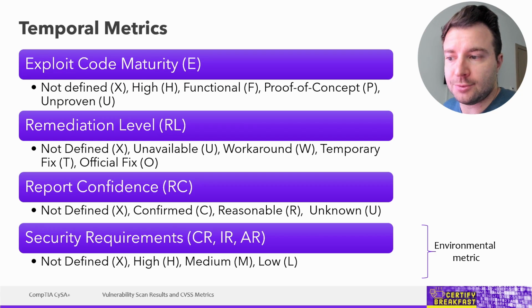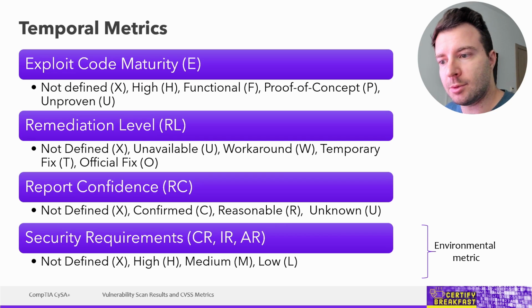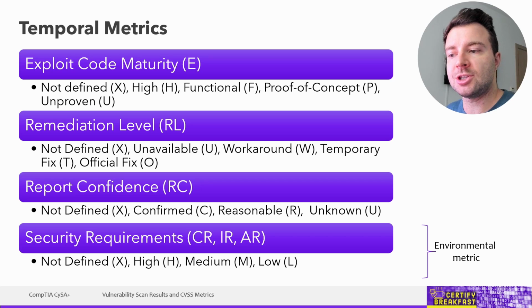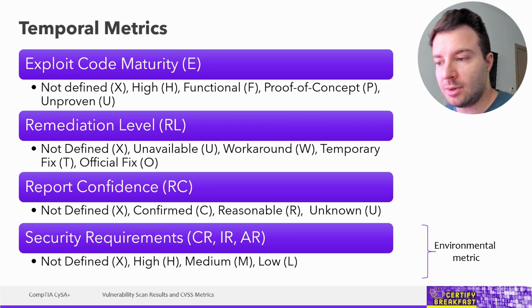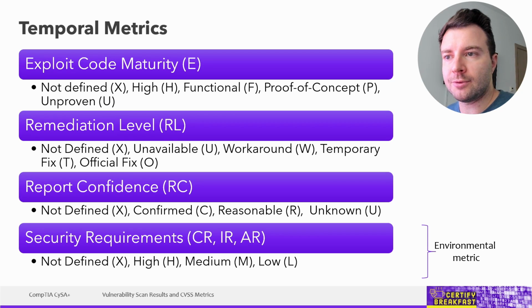Now, if an asset, for example, supports a business function for which availability is the most important, well, then the analyst can assign a greater value to the availability relative to the confidentiality and integrity. Right, so it can shift the score just a bit in favor of their own internal company requirements.